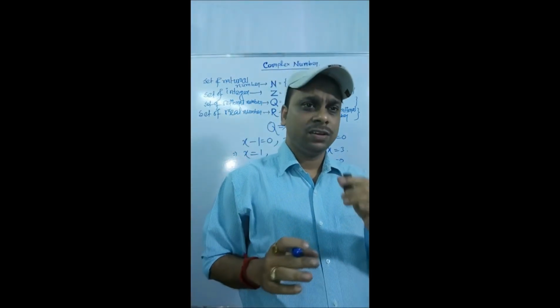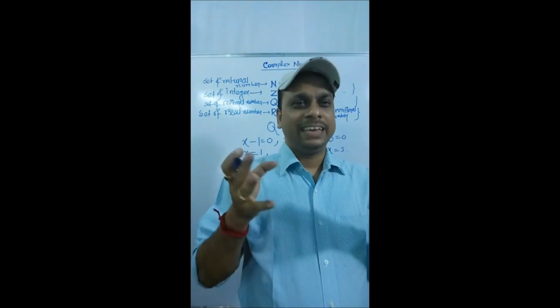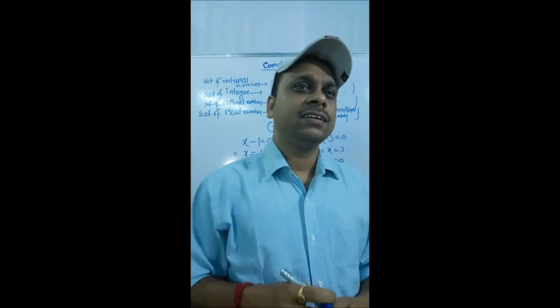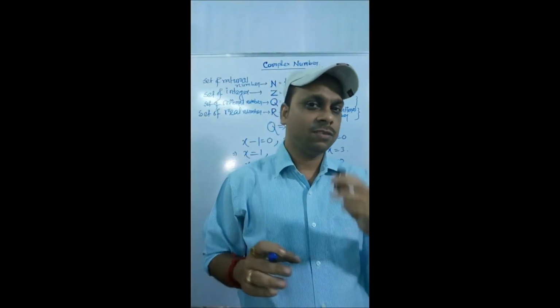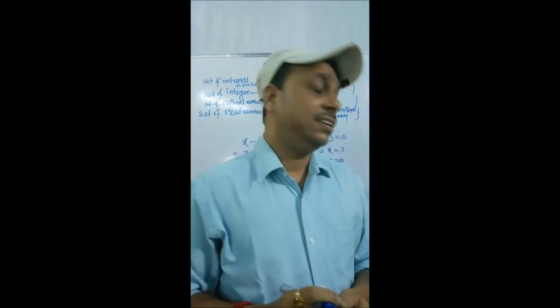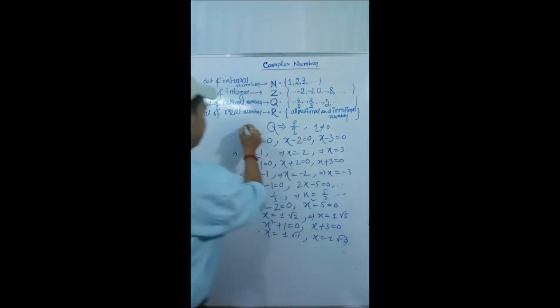Then, to represent such numbers, a new set is needed, which is called the set of complex numbers. It is denoted by C.